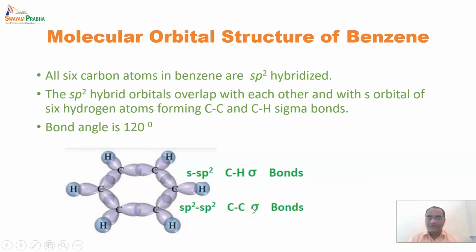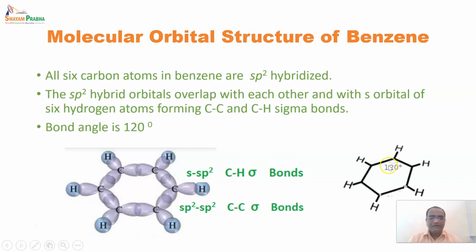So collectively we can conclude that there are 12 sigma bonds in benzene, out of which 6 are carbon-carbon single bonds and 6 are carbon-hydrogen single bonds, or sigma bonds.